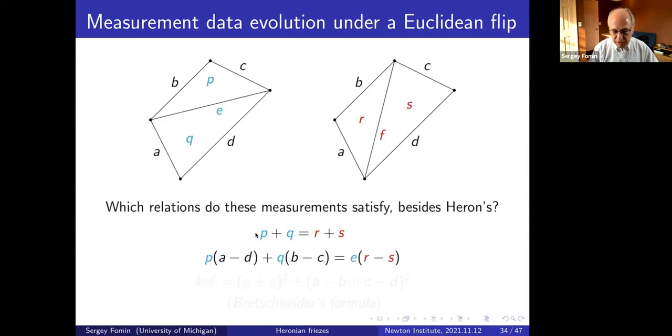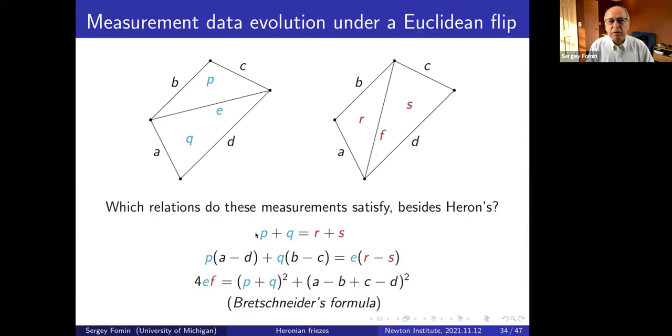And notice this equation is linear in R and S, just like the first one. So we have two equations in R and S. From these two equations, you can find R and S uniquely. Okay? And there is another beautiful formula called Bretschneider's formula from 19th century geometry, which is almost like the exchange relation.